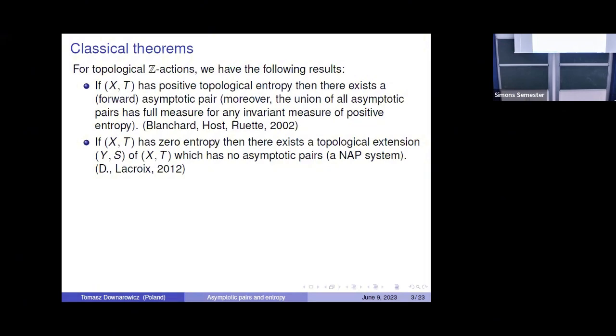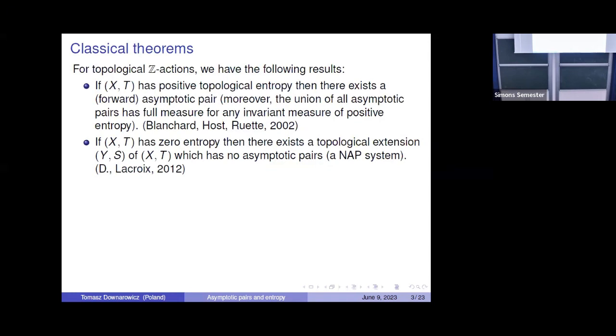We all know that any expansive system has forward asymptotic pairs, but you can extend the system to something which does not have asymptotic pairs, and we call such systems NAP. Like maybe one of you will take a nap, so this is more or less the same. No asymptotic pairs.